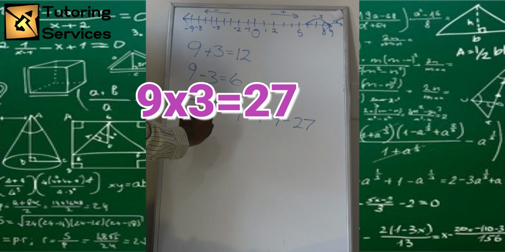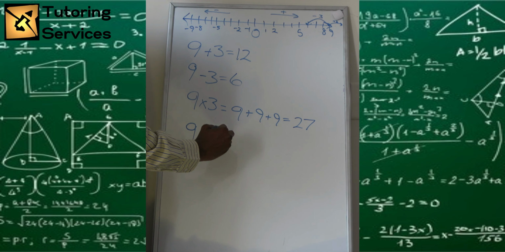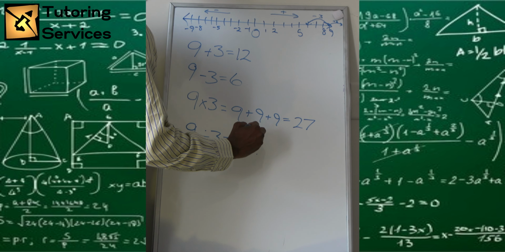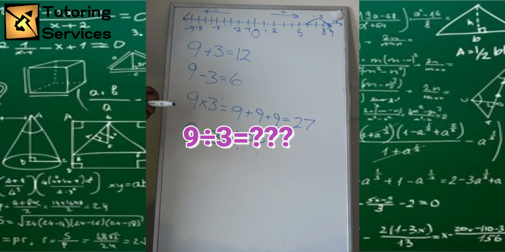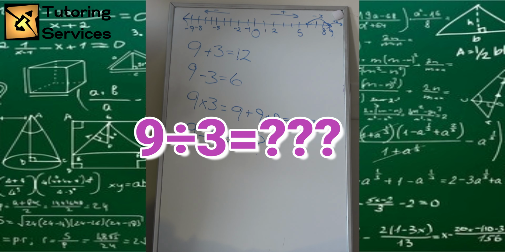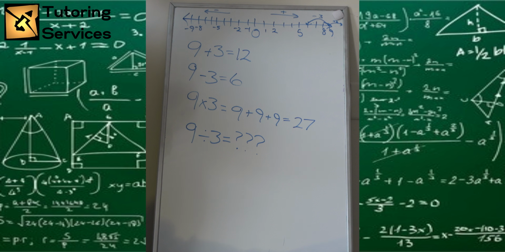Then, what is 9 divided by 3? That's what we are going to solve for. So let's go with 9. 9 divided by 3 essentially tells you, you're asking how many times can you multiply 3 to get to 9?